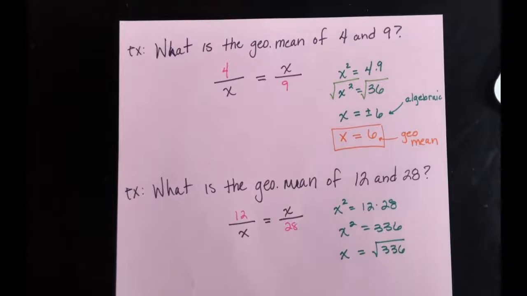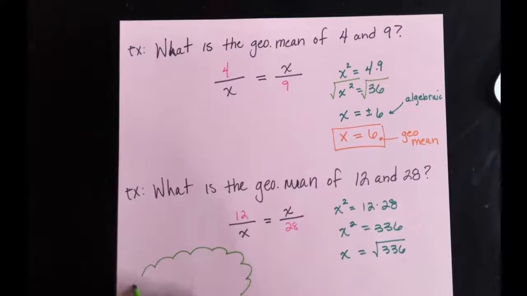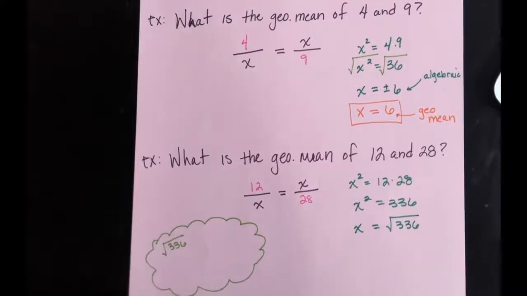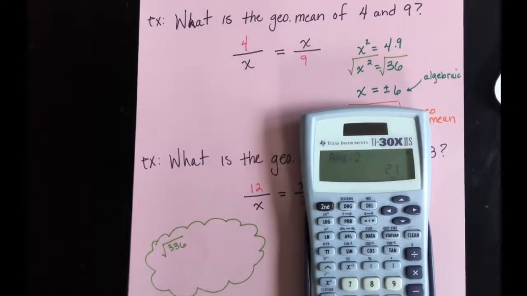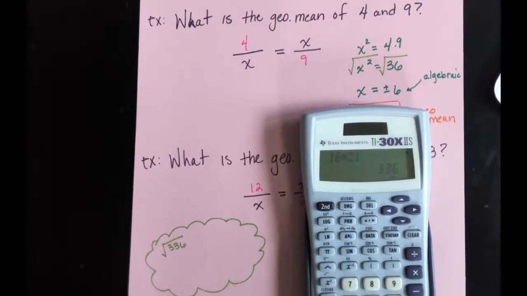I would continue to then rationalize. I don't know if you were able to hear me tippy-tapping on my calculator, but I took that 336 and I divided it by 2, and I divided it by 2, and I divided it by 2 again, and I divided it by 2 again, and what you end up with is 16 times 21 is 336.